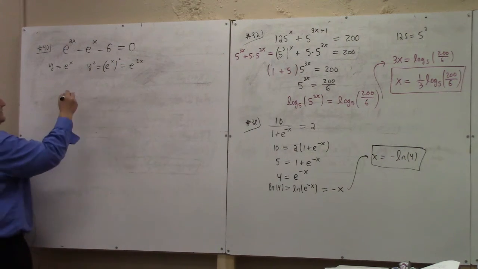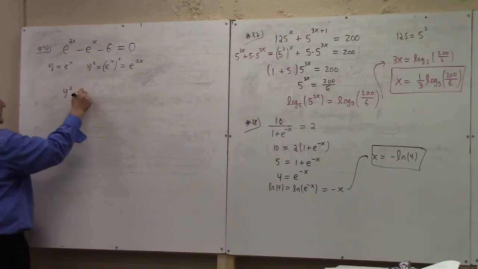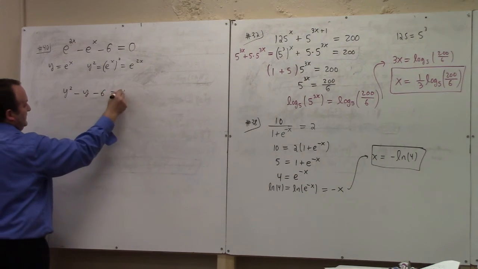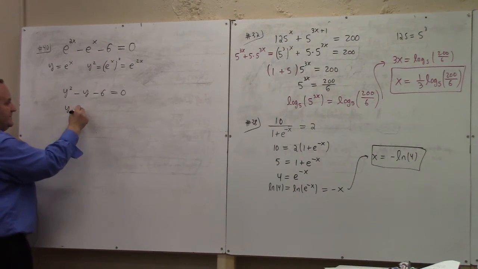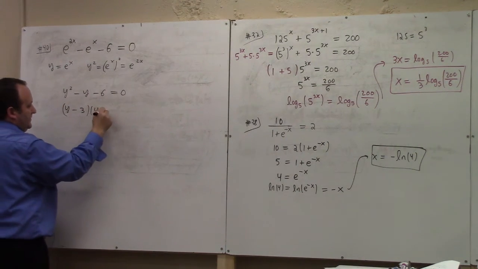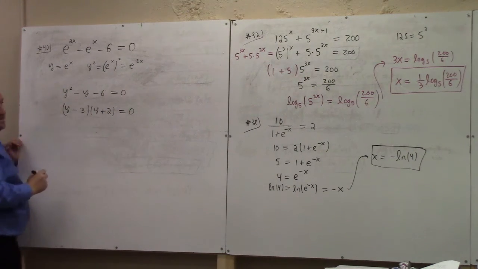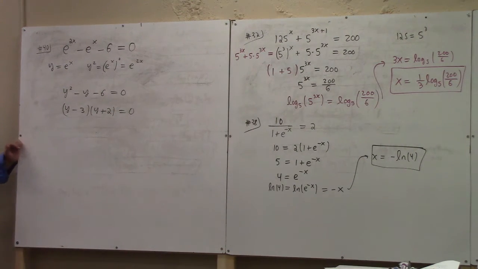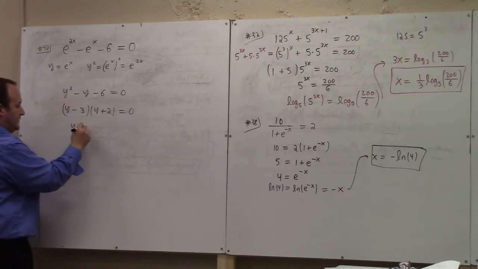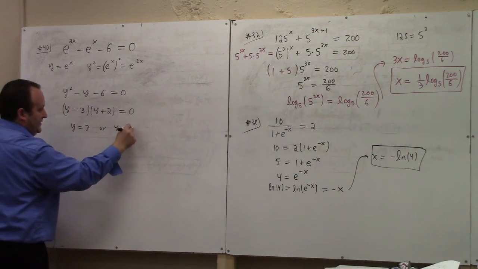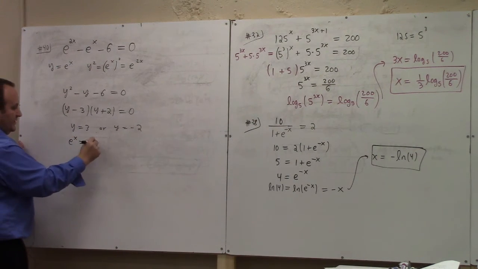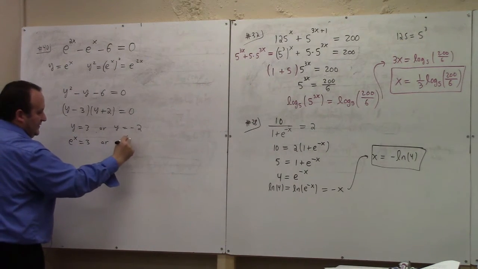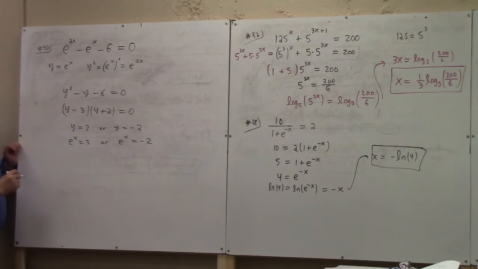So this equation becomes y squared minus y minus 6 equals 0, which we can factor as 2y minus 3 times y plus 2 equals 0. And then this gives us either y equals 3 or y equals minus 2. In other words, e to the x equals 3 or e to the x equals minus 2. Then to solve those, we take the natural log.